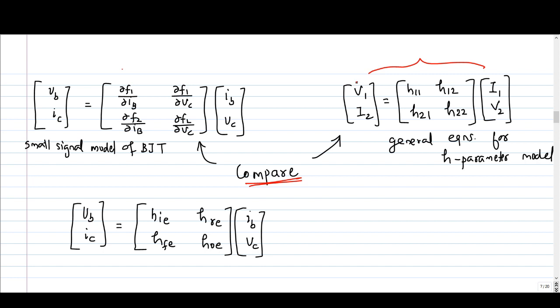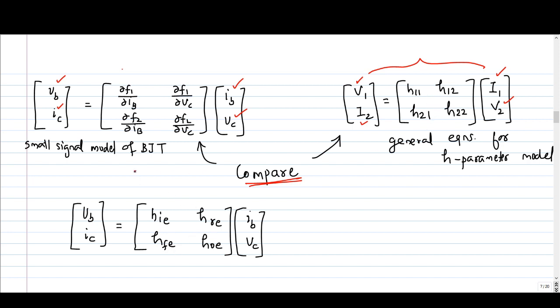On the LHS, you have input voltage and output current in both cases, input voltage VB and output current IC. On the RHS, you have input current and output voltage, here also input current IB and output voltage VC. So this coefficient matrix will be the H parameters of the BJT.